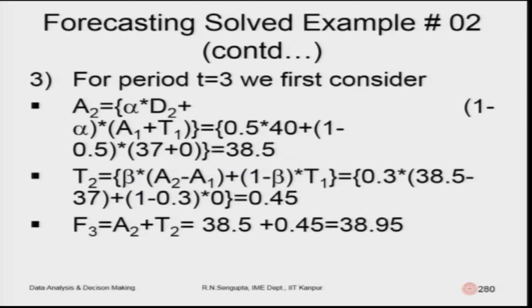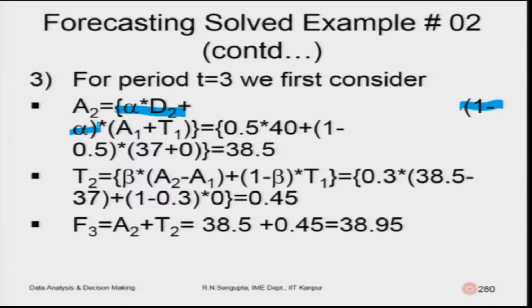Now, for time period 3, we need to first consider the formula: alpha times d2, where alpha is the weight for demand 2, the actual value for the last period, and 1 minus alpha. It is shifted due to the indentation; there is no such problem as such, no missing values or formulas inside.